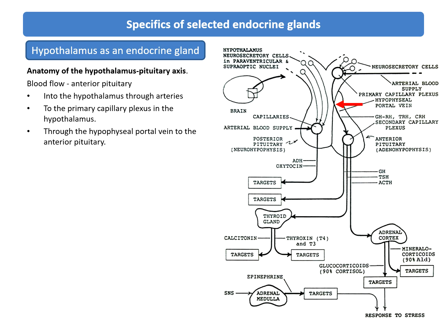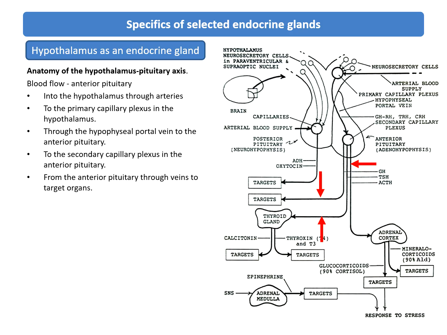Through the hypothalamic-hypophyseal portal vein, the blood then travels to the anterior pituitary. There, it flows through another capillary plexus, the secondary capillary plexus in the anterior pituitary. After that, the blood flows through various veins to the target organs.